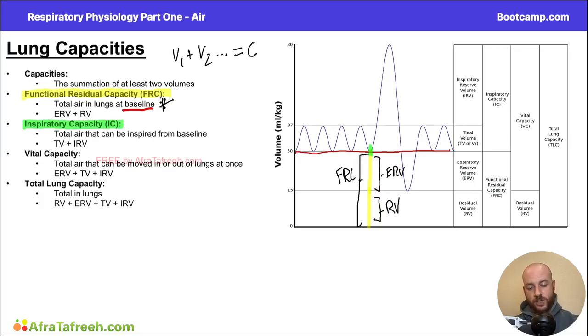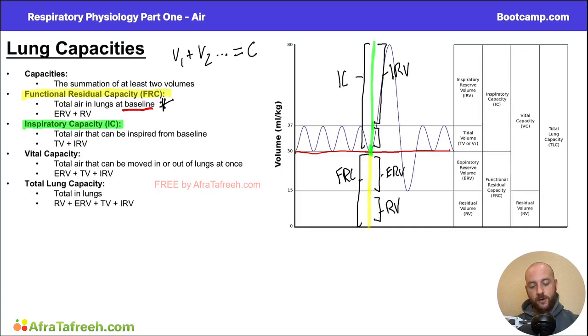Well, we would first start by inspiring our tidal volume, and then we would inspire our inspiratory reserve volume. And so the inspiratory capacity would be this vertical distance right here. That's our inspiratory capacity. And like I just said, it's made up of our inspiratory reserve volume and our tidal volume.